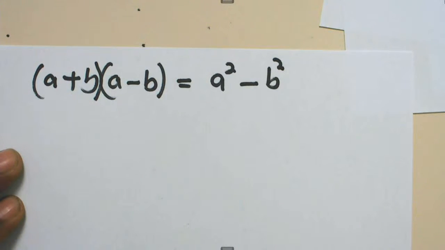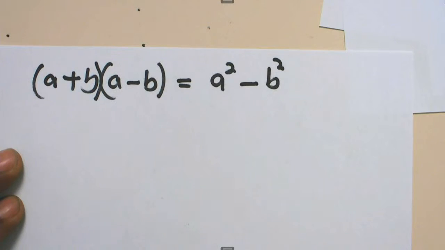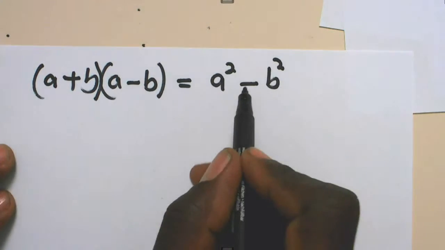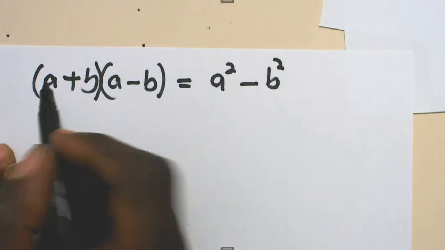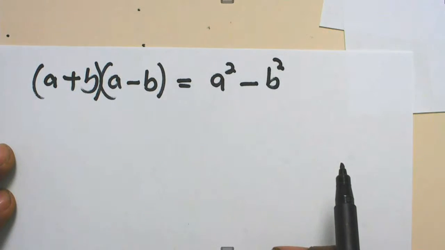This can be used to factorize difference of two squares. We use this in order to find the factors of this. Hence I said, when you move forward, you factorize, and you move backward, you expand.